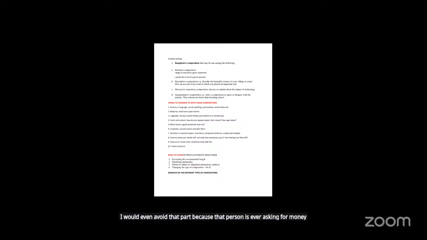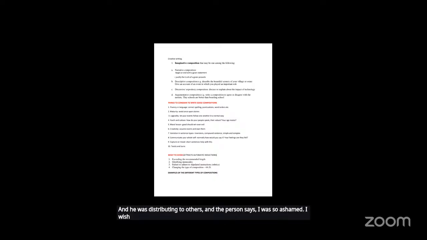Only for one day to encounter the same person under a bridge. And she saw that he had bought many loaves of bread and he was distributing them to others. And she says, I was so ashamed. I wish that the shame could have consumed me. Little did I know, this man was taking not for himself, but to help others.